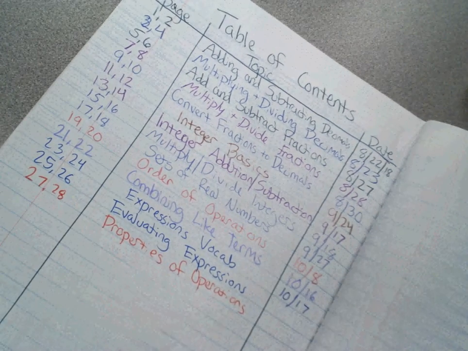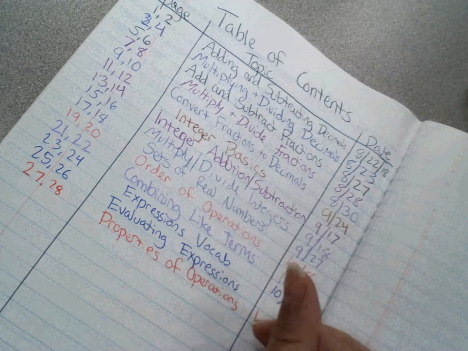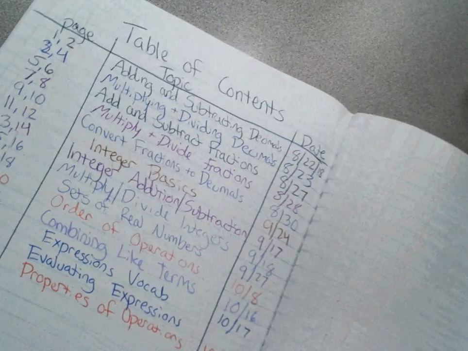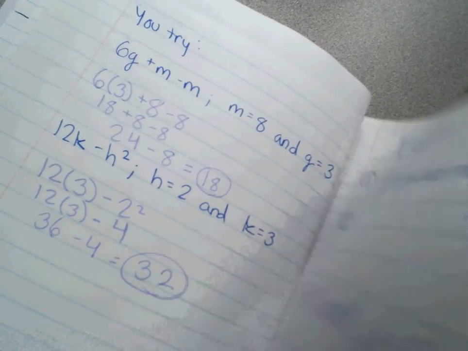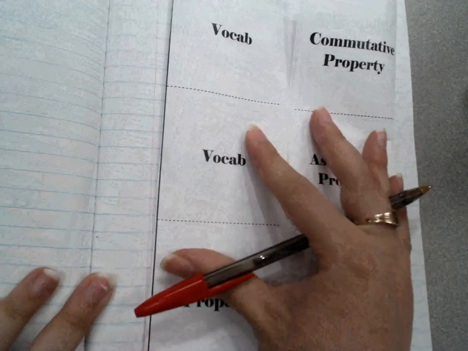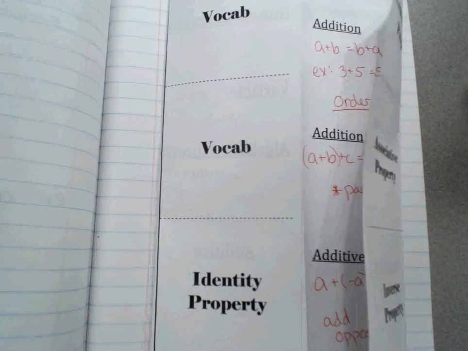Properties of operations, and today's date, the 22nd. So you can go to those 2 pages. And then after you cut these along the dotted line, you can glue it just right in there. All right, awesome, thank you.